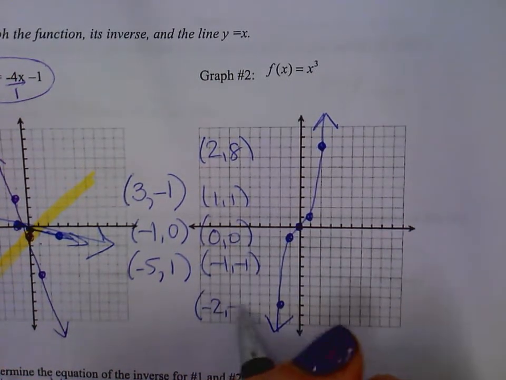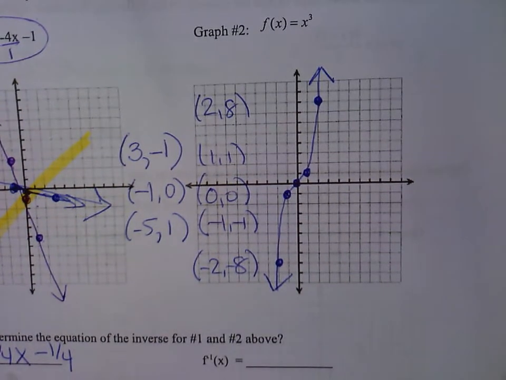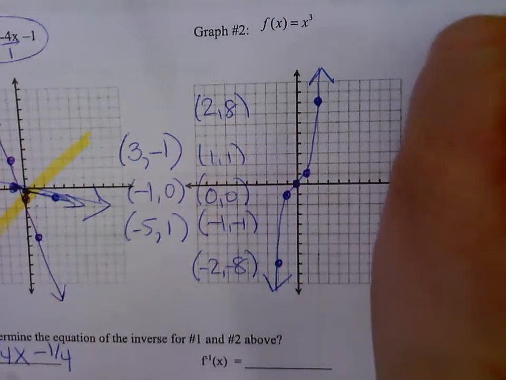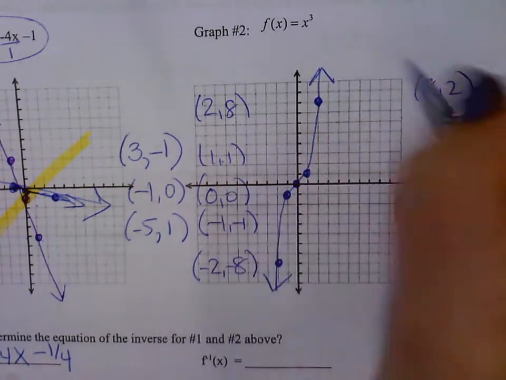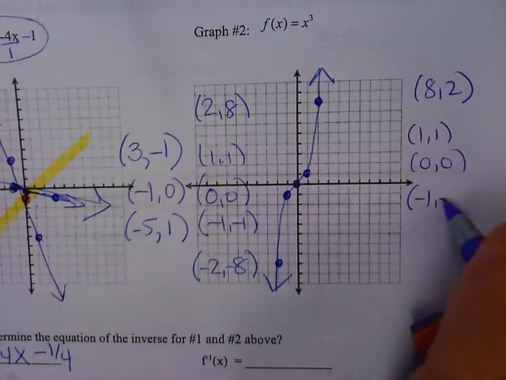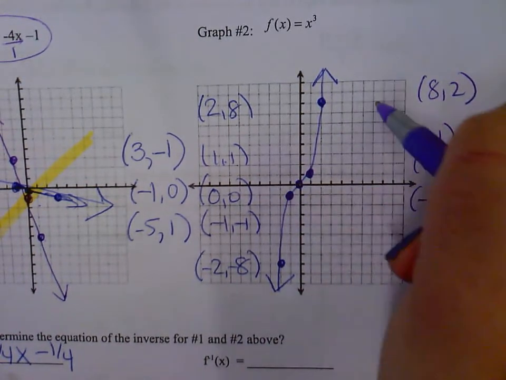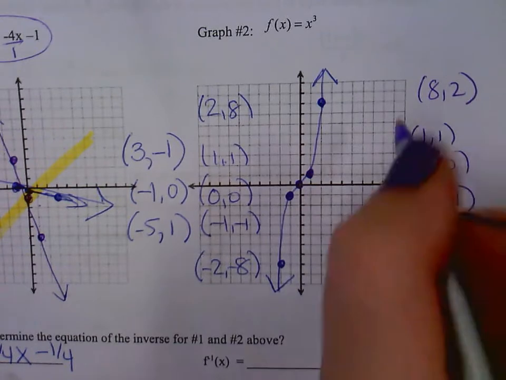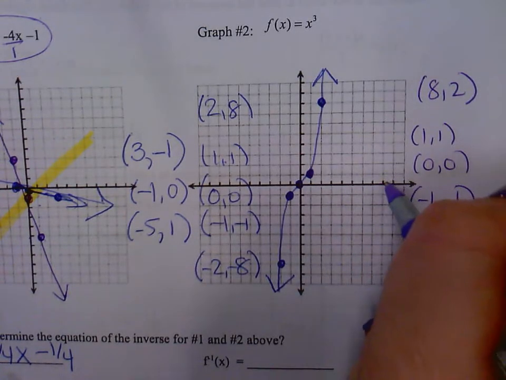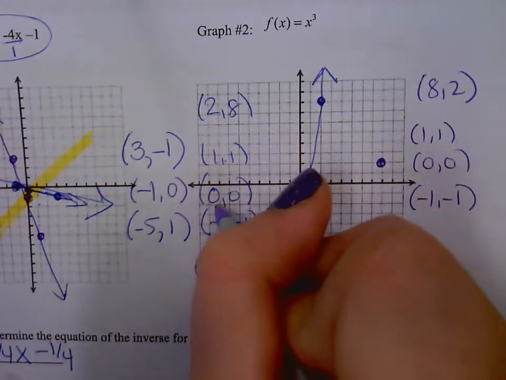So flip those points and graph what your inverse would be. 2, 8 just becomes 8, 2. 1, 1, and 0, 0, and negative 1, negative 1 stay right on top of each other because they lie right on that line y equals x. So the only points you have to add are 8, 2, and negative 8, negative 2.